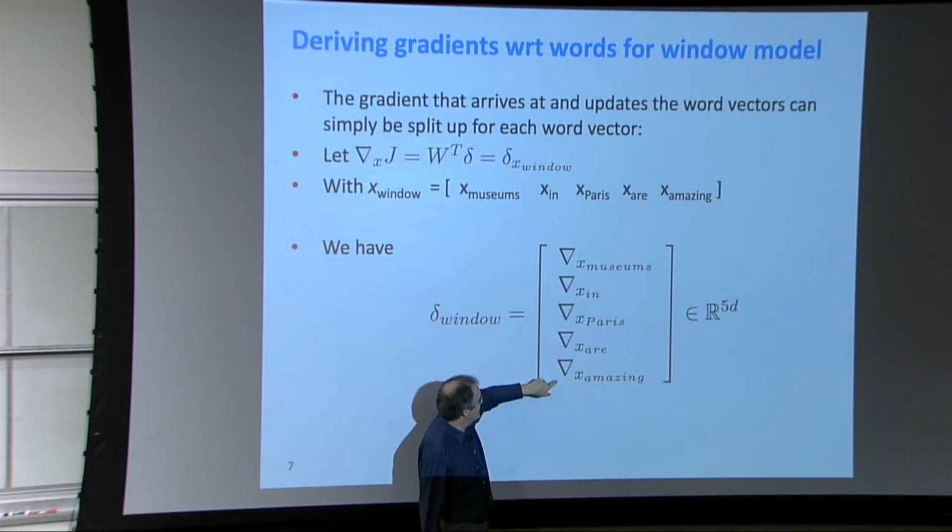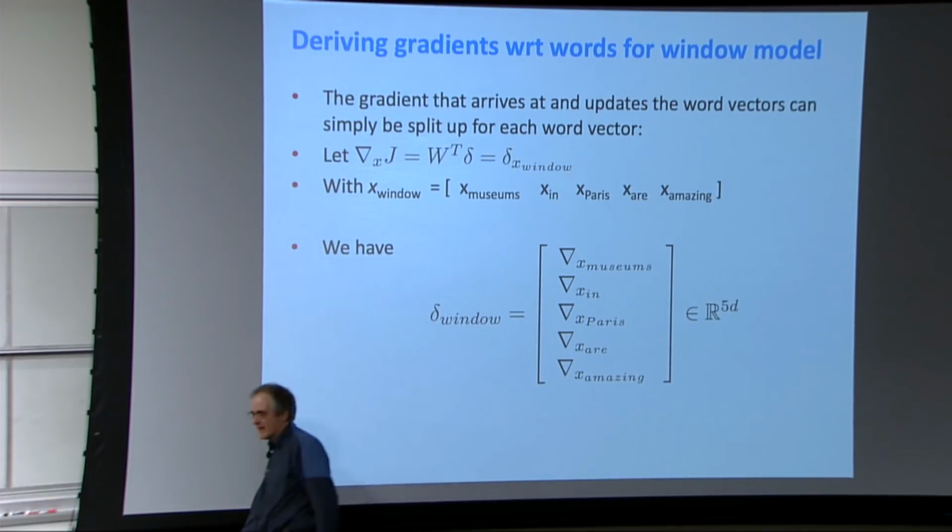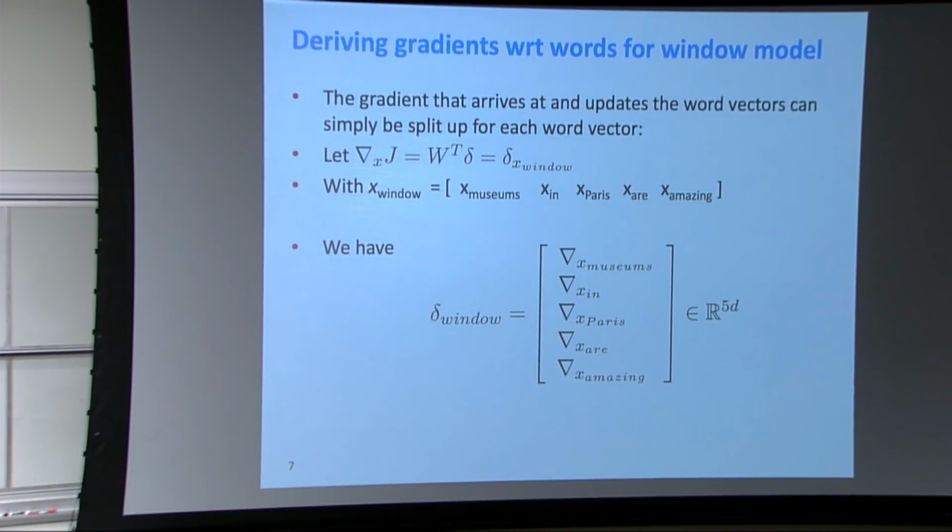If these are of dimension d, we'll have this 5d vector. But then what do we do about it? The answer is we can just split this window vector into 5 pieces and say, aha, we have 5 updates to word vectors. We're just going to go off and apply them to the word vector matrix.